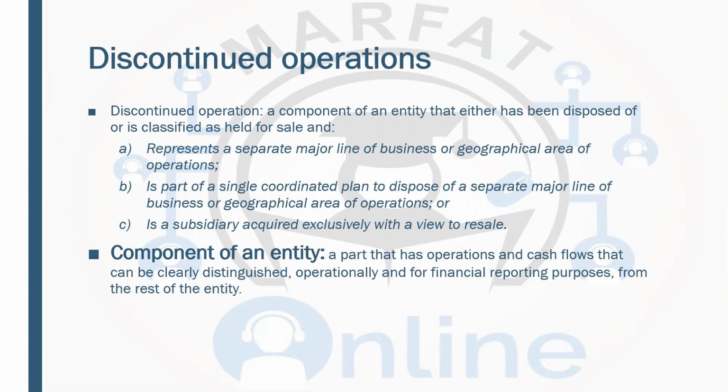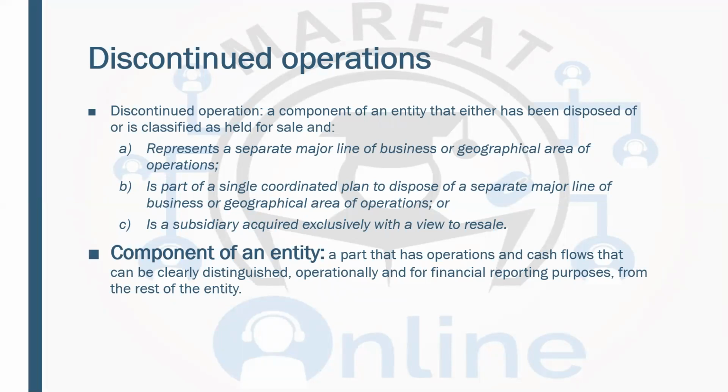So the profit from those assets which have been classified as held for sale, or for example, a subsidiary which is going to be sold, should be disclosed separately as a discontinued operation.